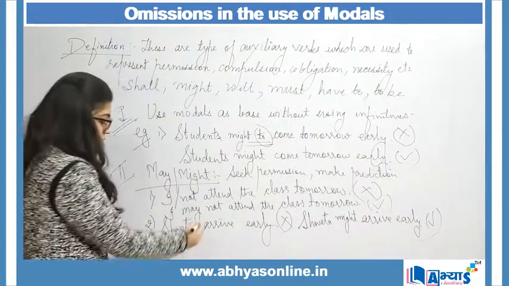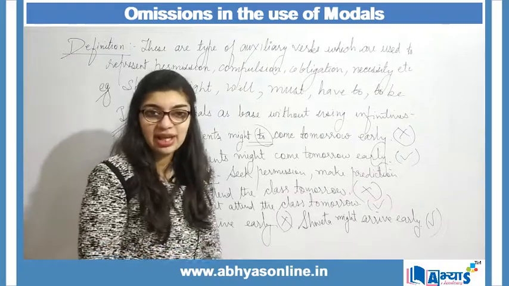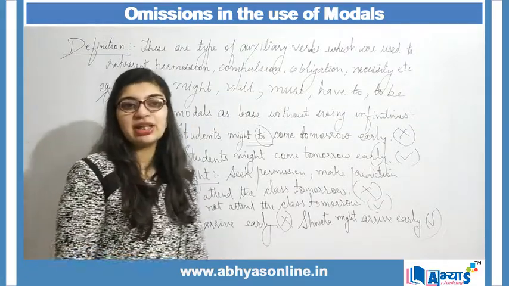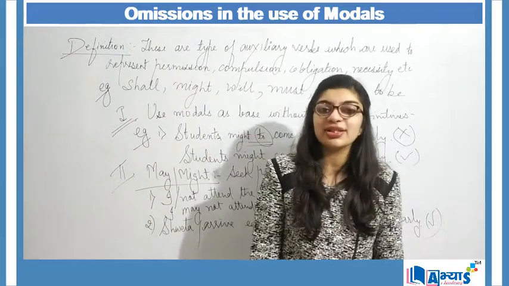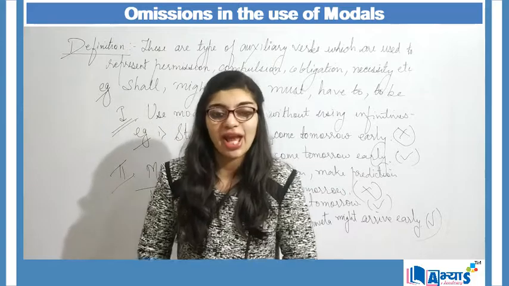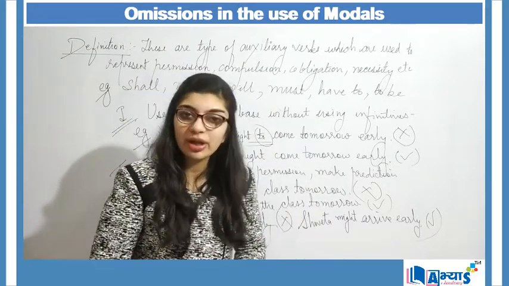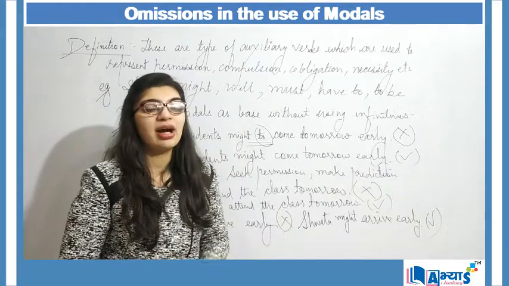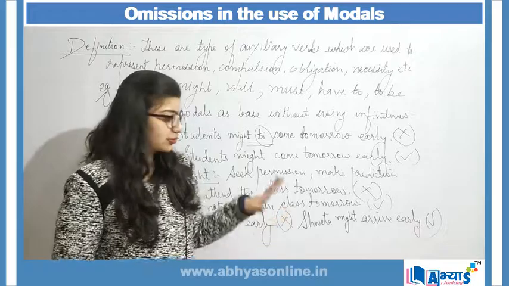And when I do not use a modal over here, my sentence looks incomplete. And if a sentence is incomplete, it is meaningless. So in order to form a correct sentence, we should know which modals we should use and how we have to use the modals. Is any infinitive required with the modal, or are the modals required to be in singular or plural form?